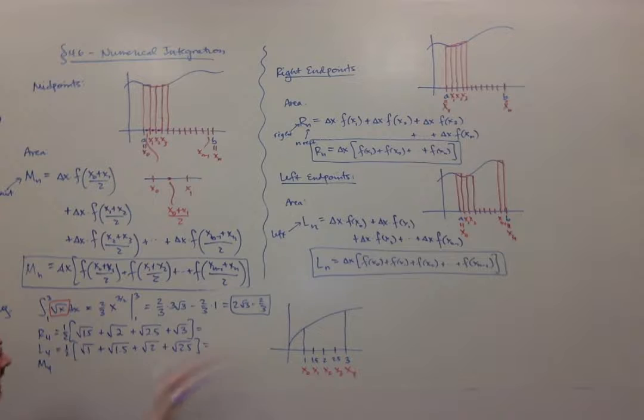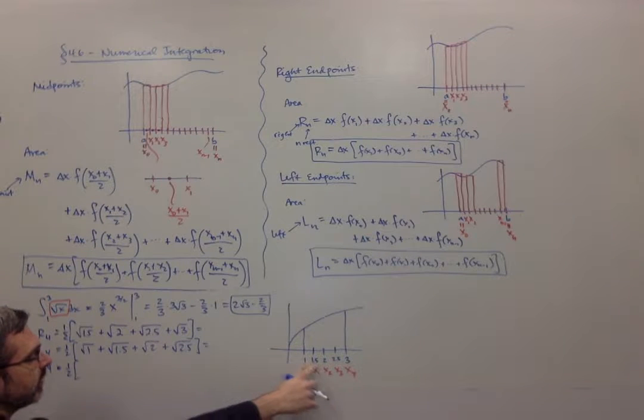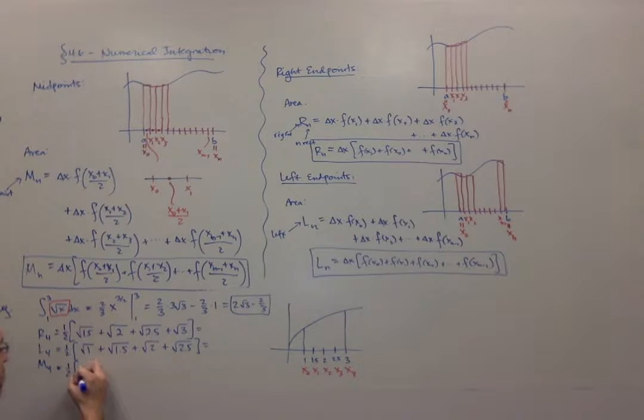And again, we just stick that in our calculator and figure out what that ends up being. For midpoints, I'm supposed to take the width of each rectangle, which is 1/2, and now instead of plugging in the left endpoint or the right endpoint, I plug in the middle. So instead of plugging in 1 or 1.5, I plug in 1.25.